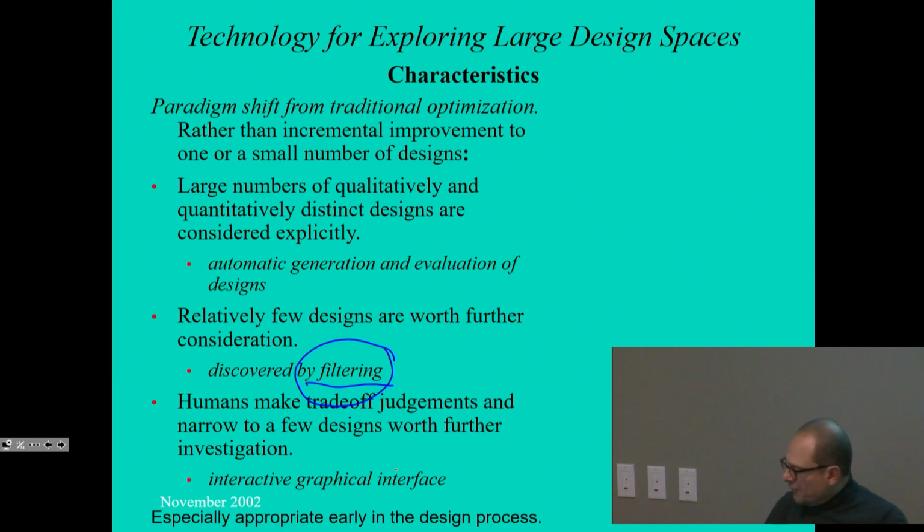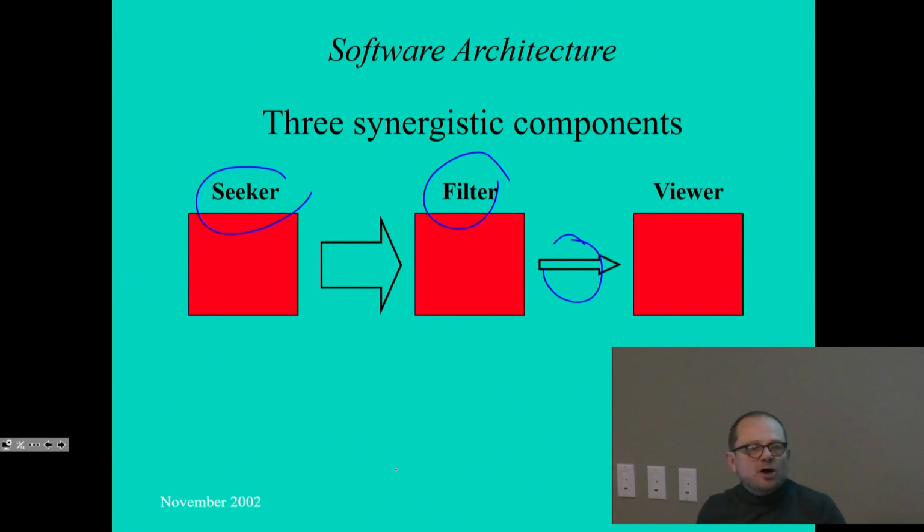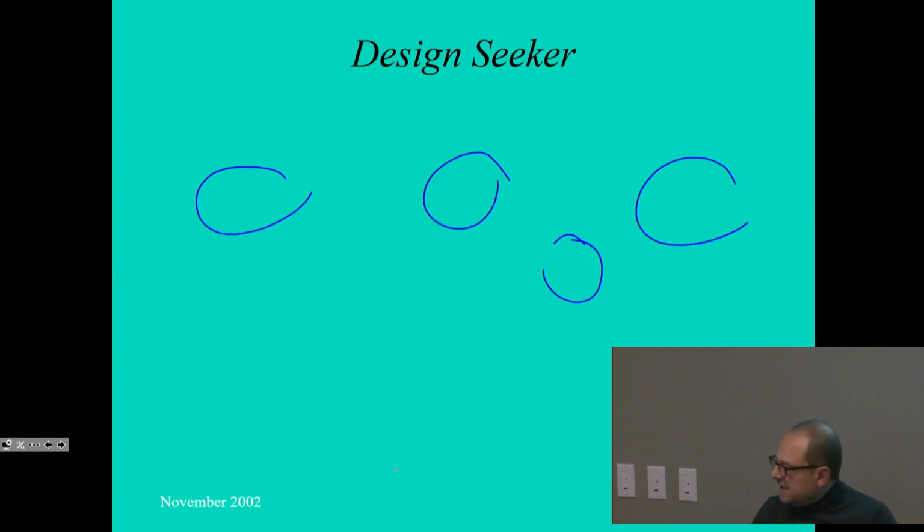Okay, so early design process. This is a potentially good architecture. And the software has a seeker, which generates a gazillion options, a filter, which reduces the options to a smaller number, and a viewer that allows you to see what you've done and then select from there.